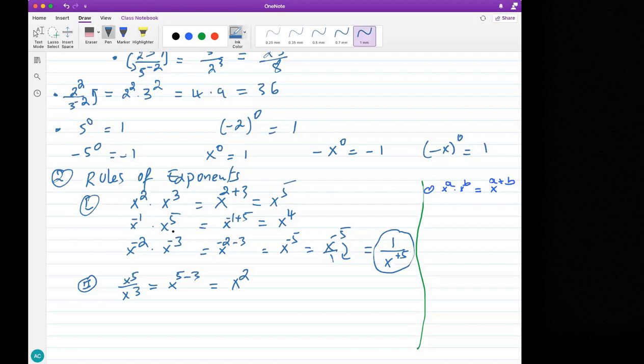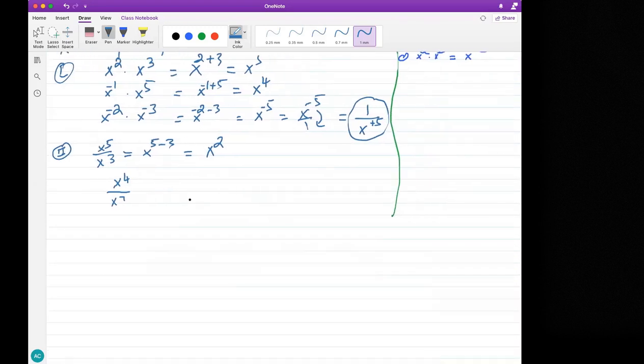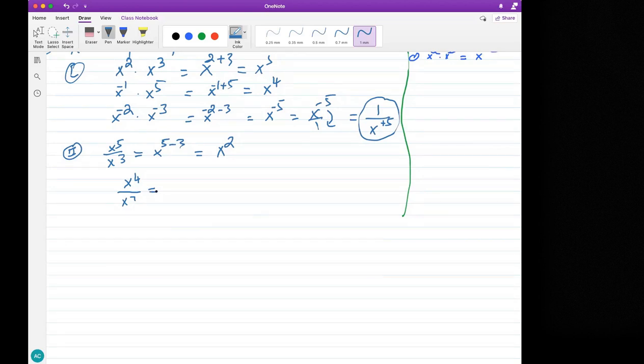And just like these, powers also can be negative or positive. Let's see what happens if you have, let's say, 4. Okay, x to the 4th over x to the 7th. It's going to be x to what power? 4 minus 7, which is -3. That's right.